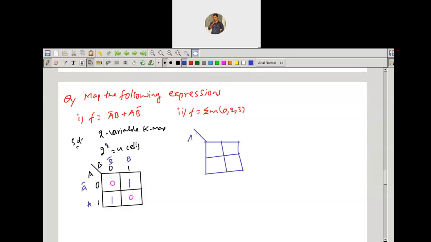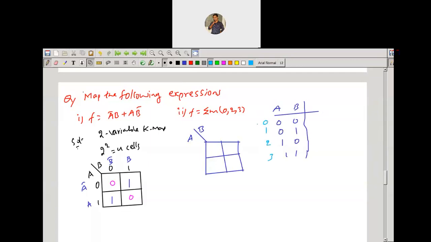I'm taking AB again. By using input variables AB, you can have the four combinations 0 0, 0 1, 1 0, 1 1, right? And the given minterms are in decimal equivalent: 0, 1, 2, 3.